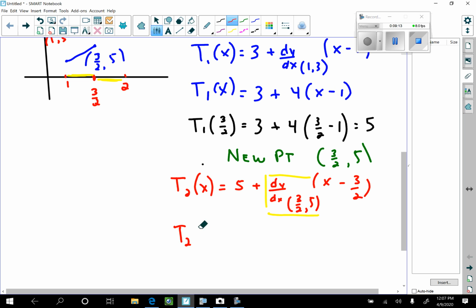This is the second tangent line. It's going to be 5. And all I'm going to do is keep in mind what my derivative is. Let's not lose sight of this derivative. The derivative is always going to be x plus y. I'm using this new point 3/2, 5.